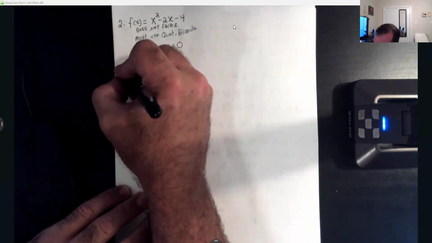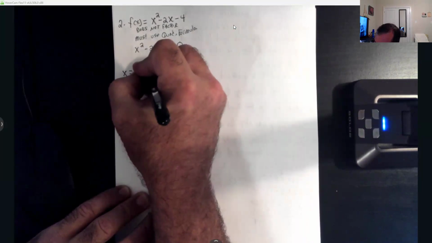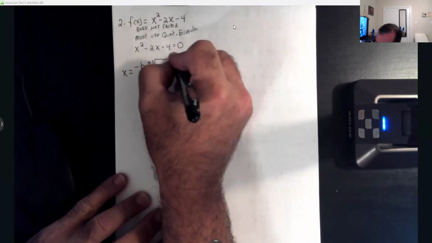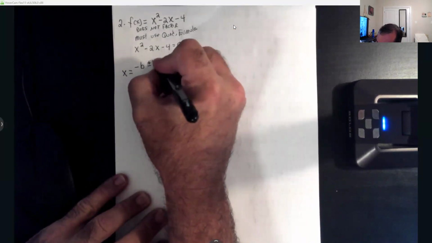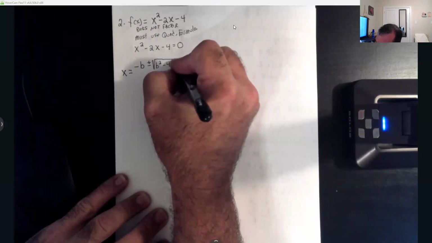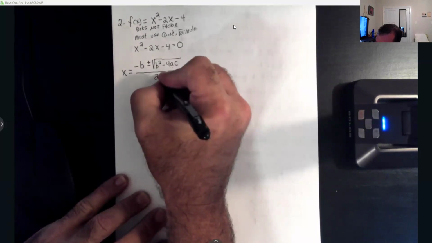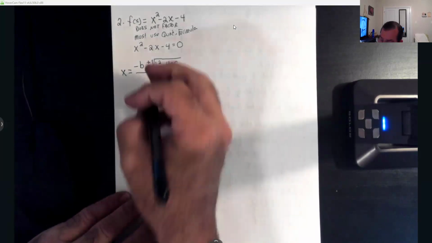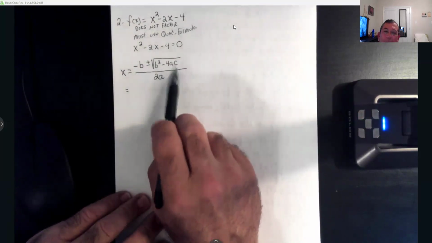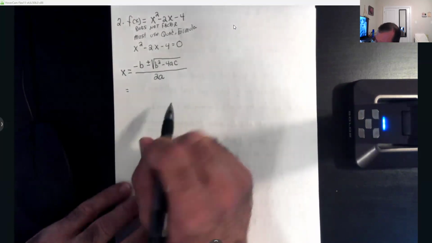So my quadratic formula was x equals negative b plus or minus the square root of b squared minus 4 times a times c, all over 2 times a. So what we're about to do is start plugging into this. So we got to figure out what a, b, and c are.